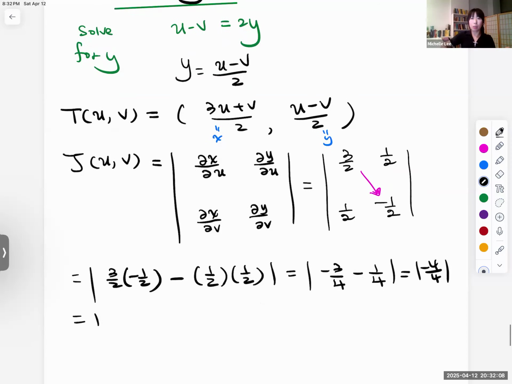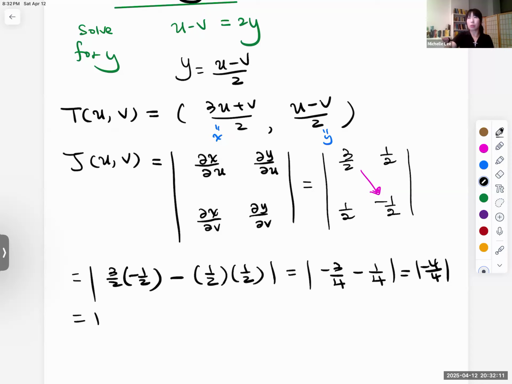That's why we need the absolute value. We don't want the negative. We don't want the area or volume negative. That's why we take the absolute value for the Jacobian to get the positive.